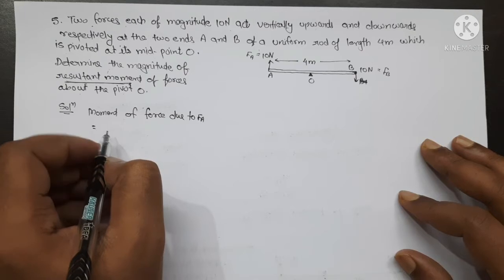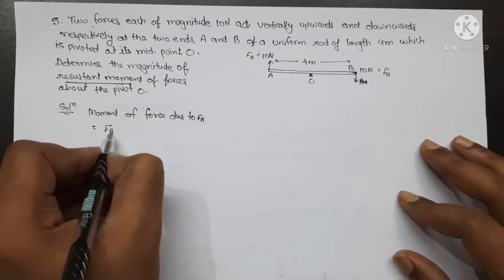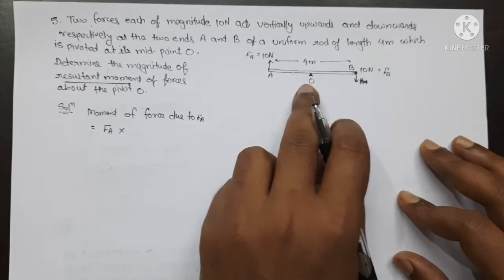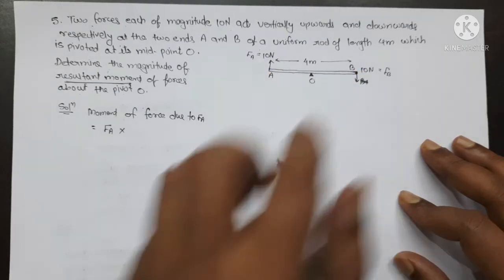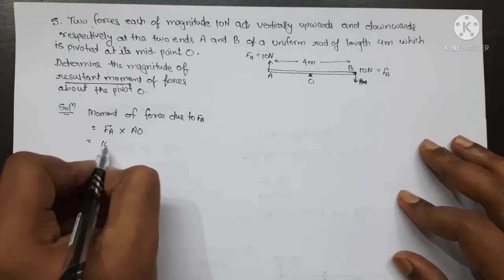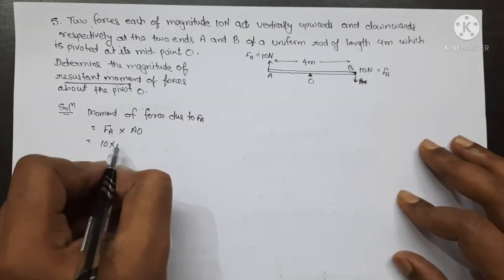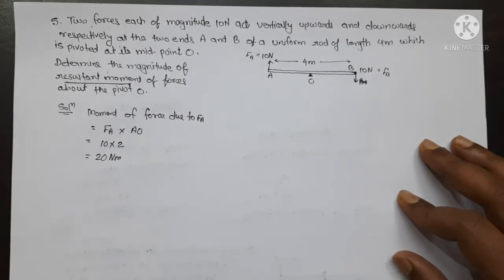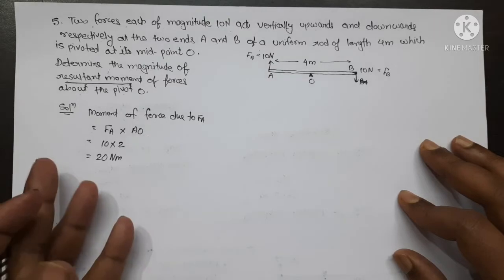What is the formula? It is the force into the perpendicular distance. So the force is FA, and the perpendicular distance will be the A to O distance. The total is 4 meters, so this will be only 2 meter. The value of this force is 10, and AO is nothing but 2. So 10 twos are 20, so 20 Newton meter.